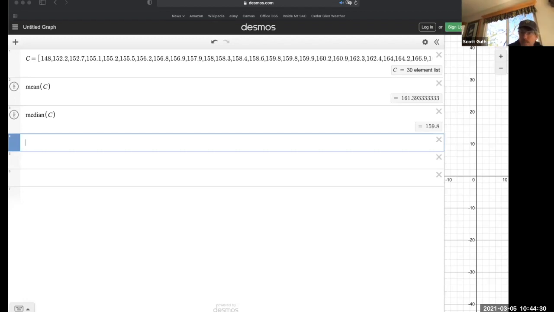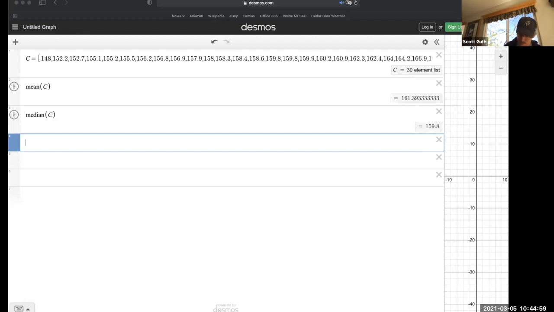You never sort a list of numbers. You just ask it for the median, and then it goes through the process of sorting them and picking the middle value for you. It's not impossible to do, but sorting 30 numbers takes forever. That's a drag. So just let the software do it. I know you can do it, and that's not what I'm trying to test you on in this class.